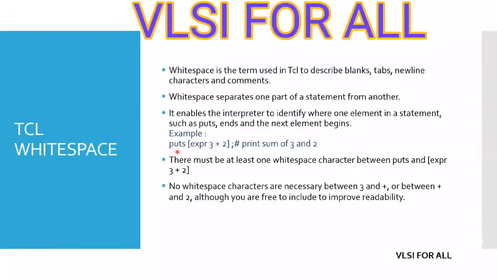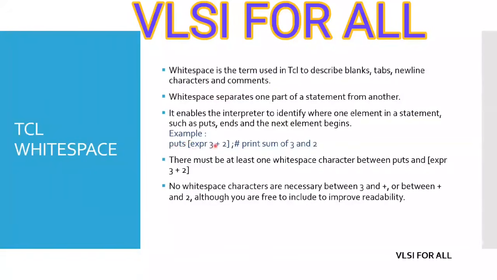If you take an example of this command, puts expr 3 plus 2, how does TCL identify the command to be executed as puts? Only if puts is followed by at least one white space does it understand. If you miss the white space, then it's an error.